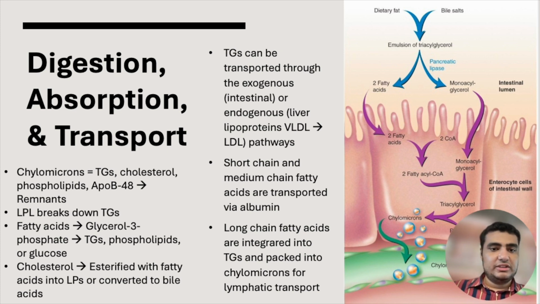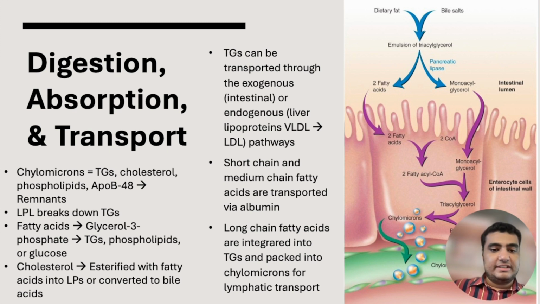In terms of the exogenous and endogenous transportation methods, exogenously, dietary fat is absorbed into the intestines, where it enters the lacteals in the lymphatics, by being packaged into chylomicrons. And in terms of endogenous transport, it will be in the liver via the VLDL to LDL pathways.